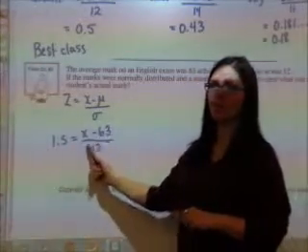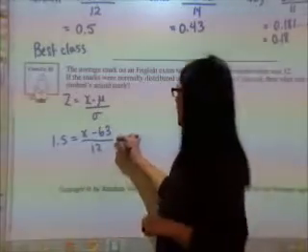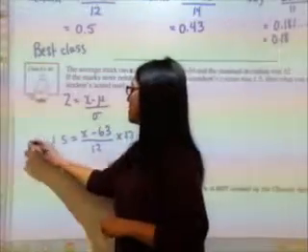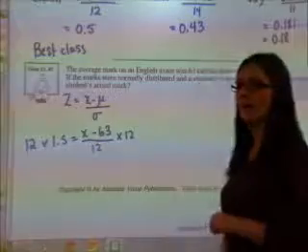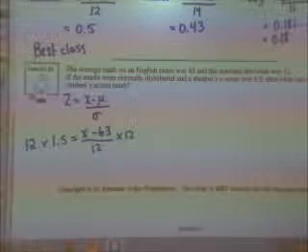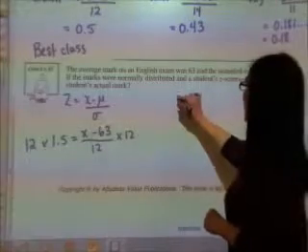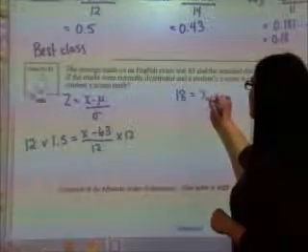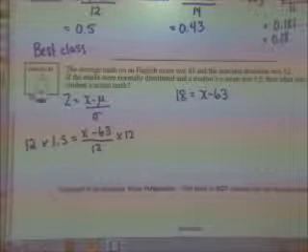How do I get rid of the 12? Multiply both sides by 12. So what is 1.5 times 12? What'd you get, Courtney? 18, thank you. How do I get rid of the 63?